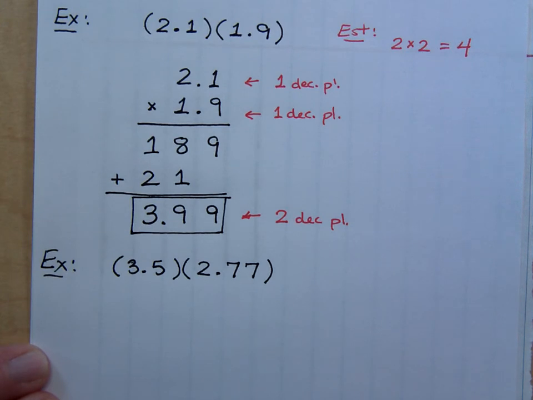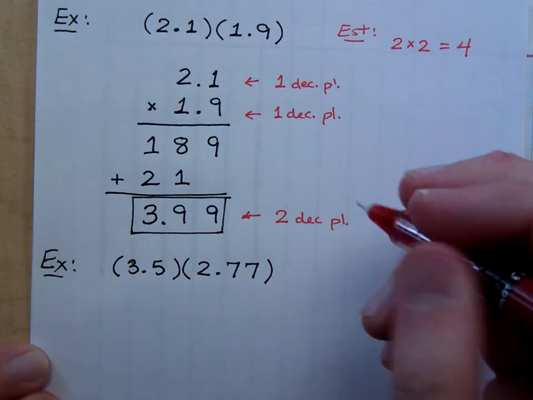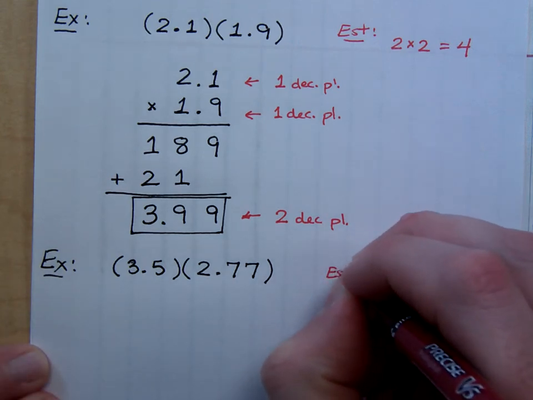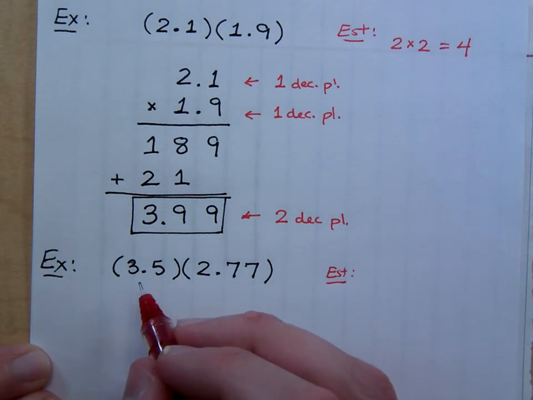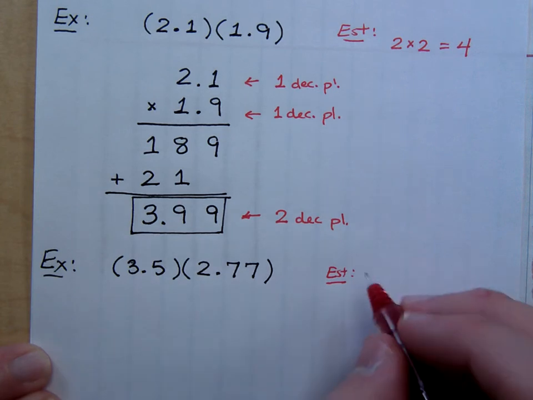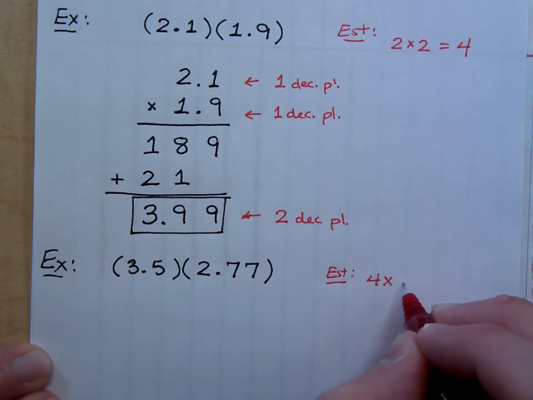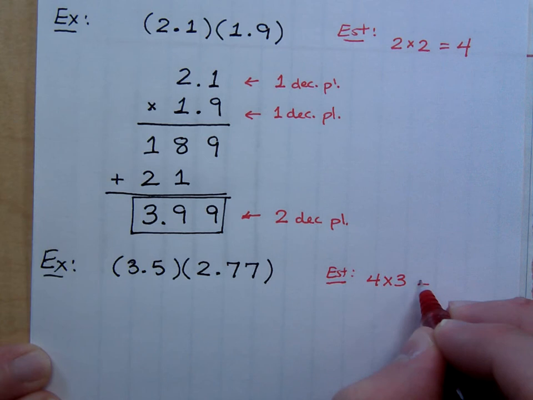If I have to do an estimate, what might you say here? You might round 3.5 to what? This is about 4 times what? 3. So 4 times 3 is 12.